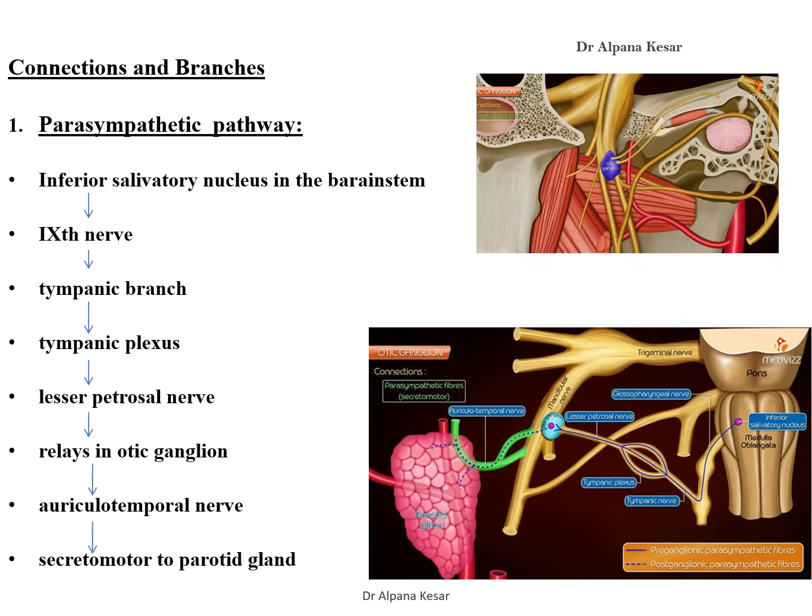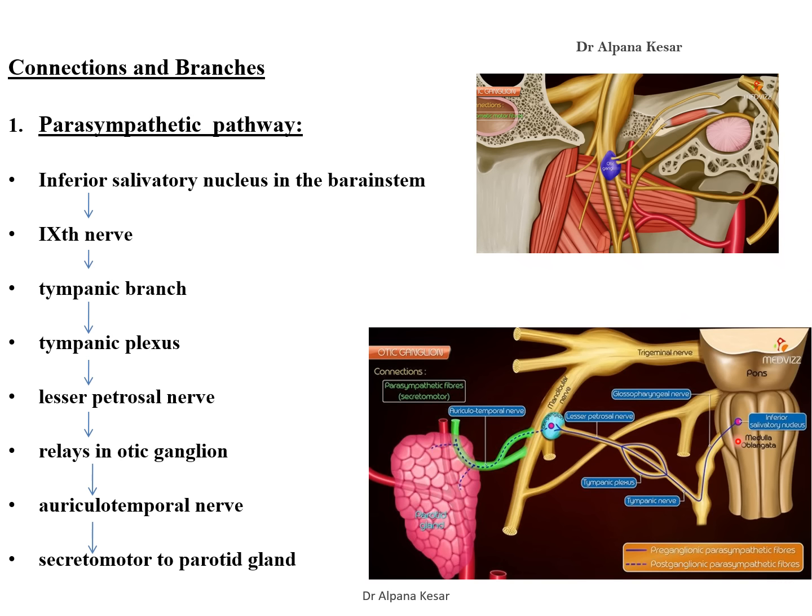Parasympathetic pathway of otic ganglion. The parasympathetic pathway of otic ganglion begins in the brainstem. The preganglionic parasympathetic fibers arise from the inferior salivatory nucleus in the brainstem.